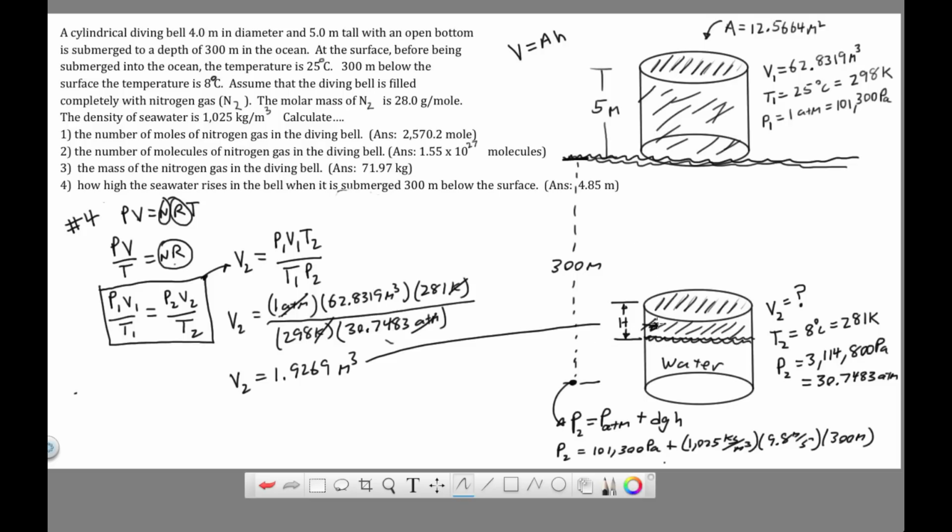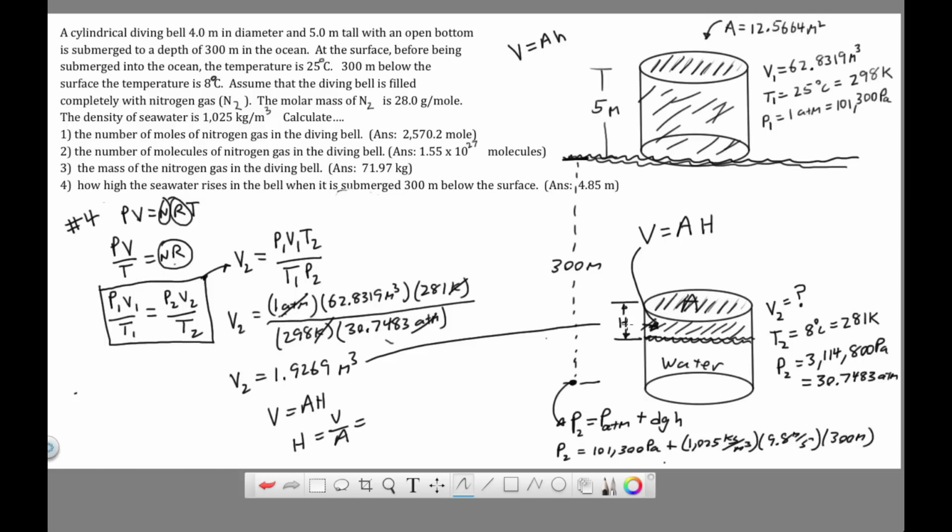The volume of this gas in there is going to be equal to A, where A is the area of the top of the cylinder, multiplied by H, which is the vertical distance to the level of the water. The volume of the gas is going to be A times H. So using that equation, V equals A times H. So H is V over A.